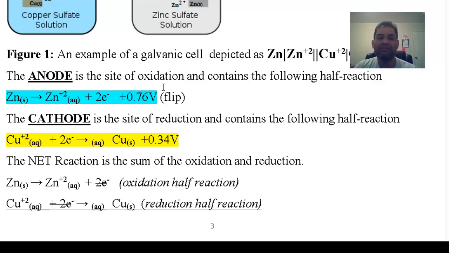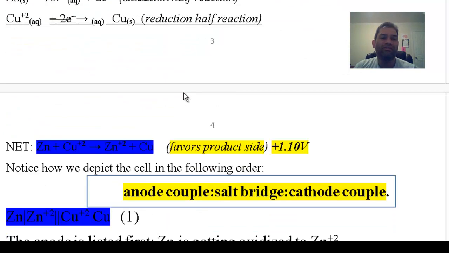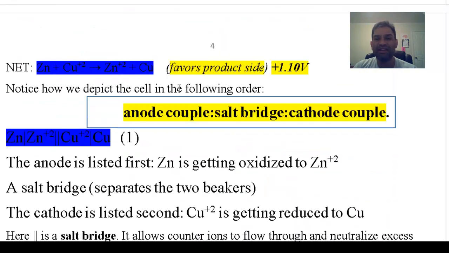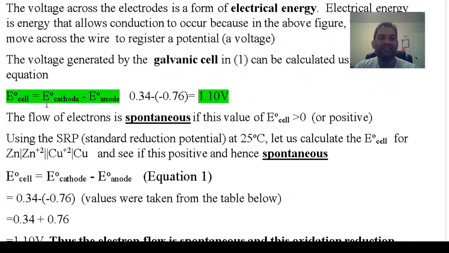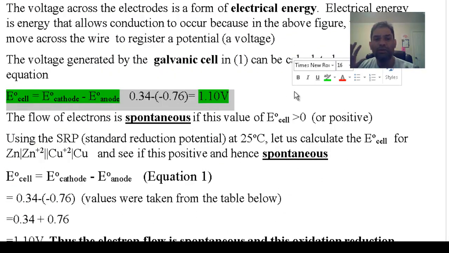Whatever method you learn, it's very important you realize that method 1 here, sort of splitting it into the oxidation and reduction half reactions, gives me 1.10 volts. Or using this alternative method, cathode minus anode, also gives me 1.10 volts. Both methods are perfectly valid.